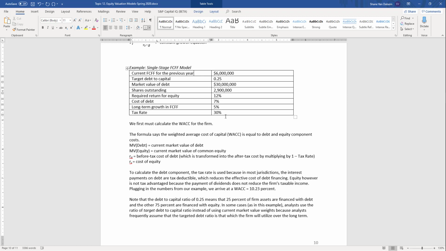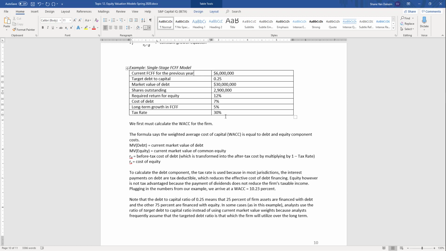Note that the debt to capital ratio of 0.25 means that 25% of firm assets are financed with debt and the other 75% are financed with equity. In some cases, analysts use the term target debt to capital ratio instead of using the current market value weights, because analysts frequently assume that the targeted debt ratio is the one which the firm will utilize over the long term.